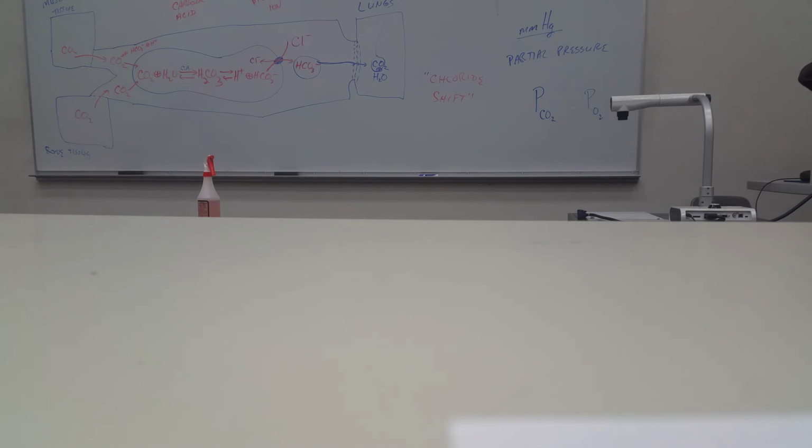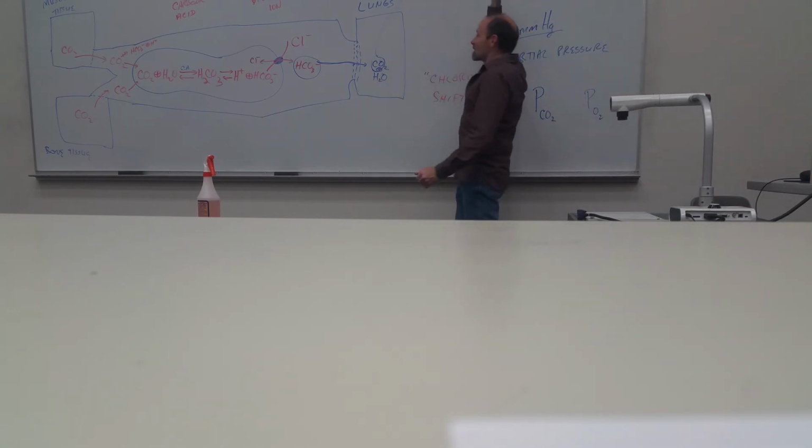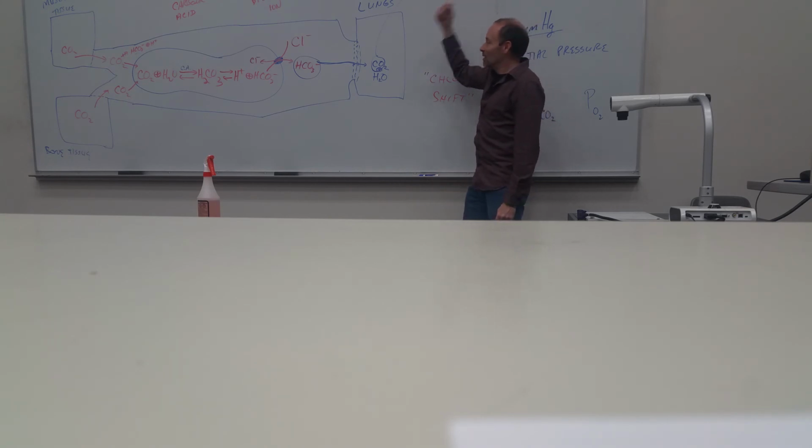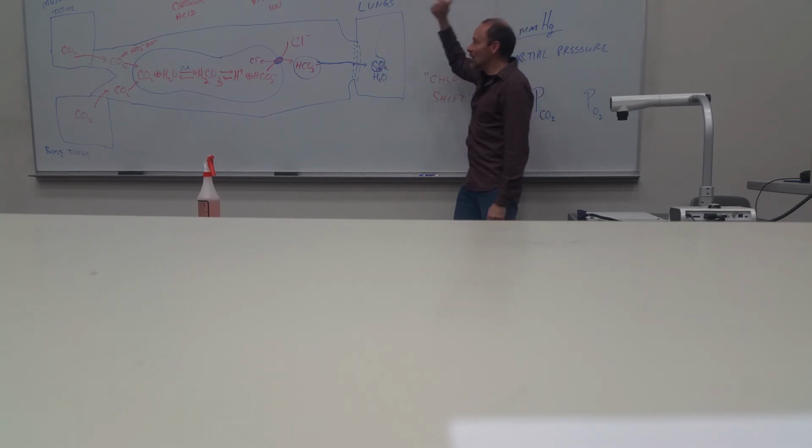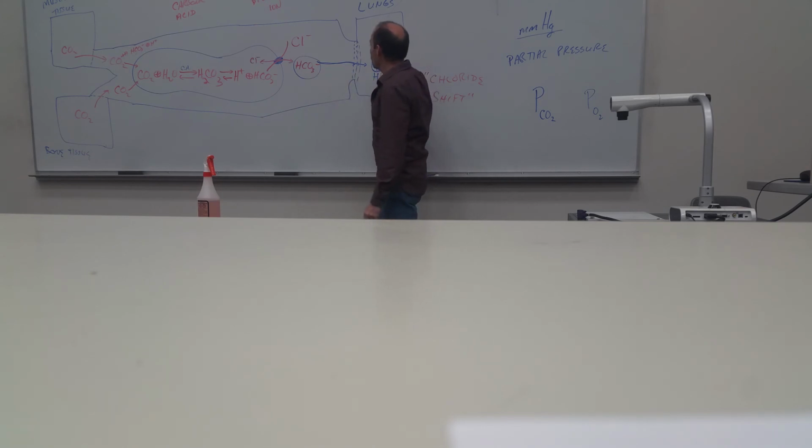Well, there's buffers in your blood. And what else did you do when you exercise? What happened to you? The more you exercise, the faster you breathe, right? If I do this exhalation faster, don't I blow off CO2 faster? Don't I convert this into CO2 faster?